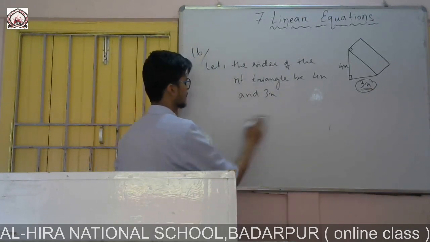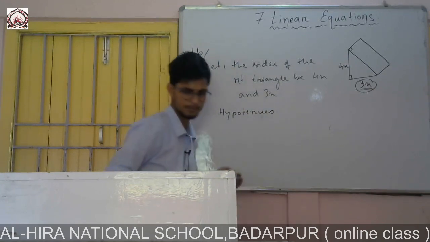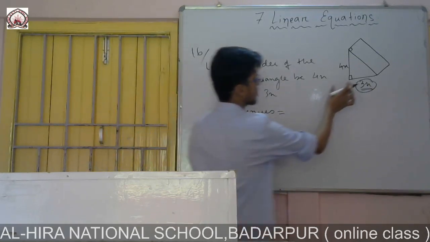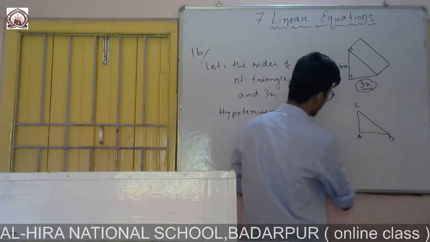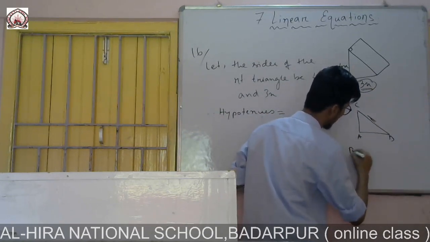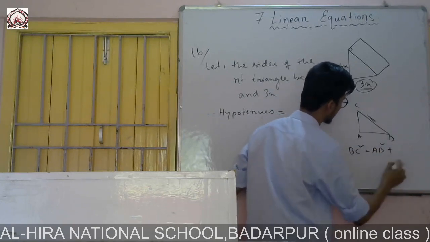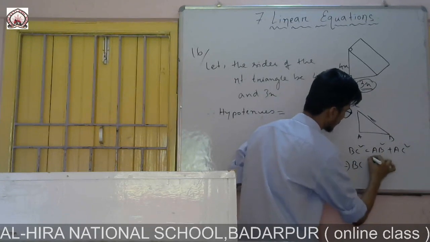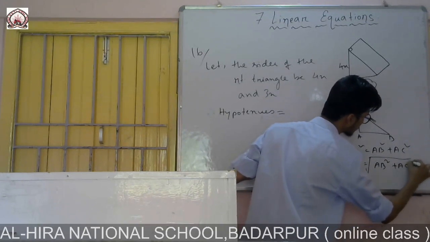Then the hypotenuse will be equal to... We know that in a right triangle, if I name it A, B and C, then the hypotenuse BC square is equal to AB square plus AC square.